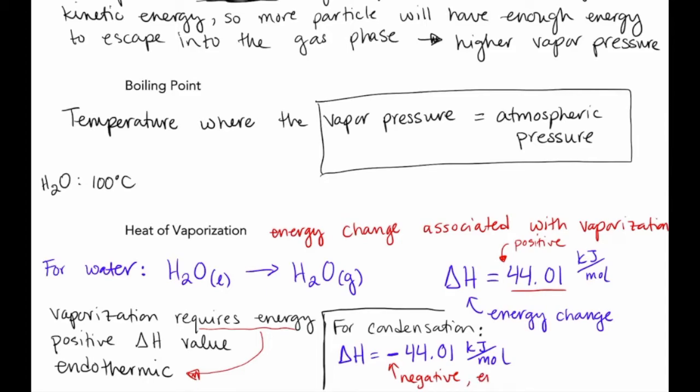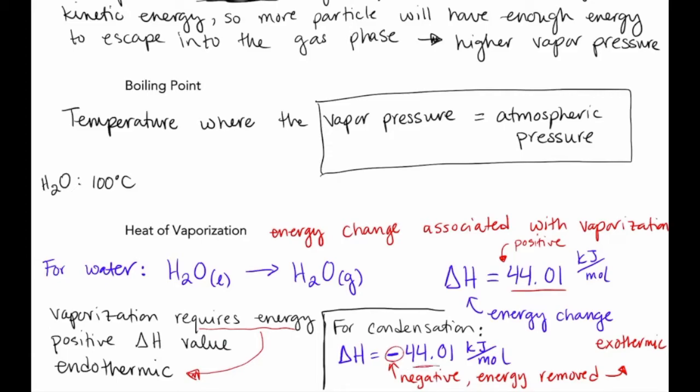Because energy is removed, that means it's an exothermic process. Heat is coming out of the system. Energy is being removed from the water vapor in order to make it a liquid, and we're going to see that as a negative sign.